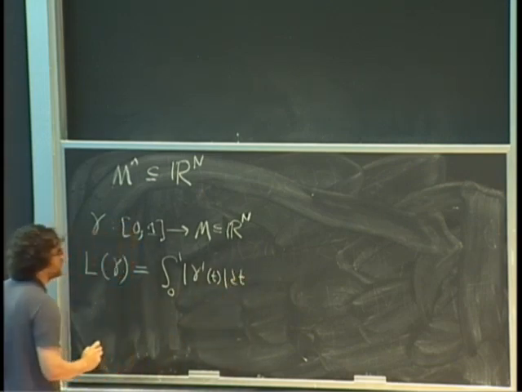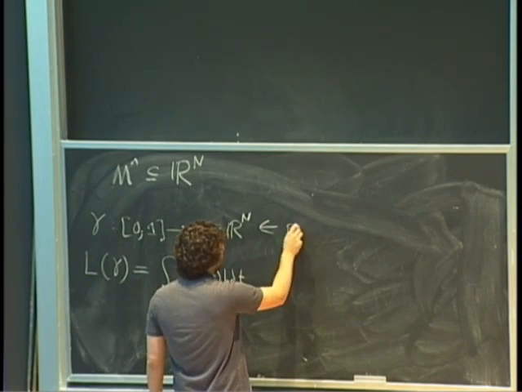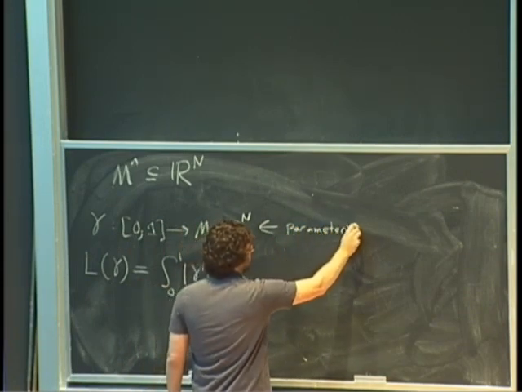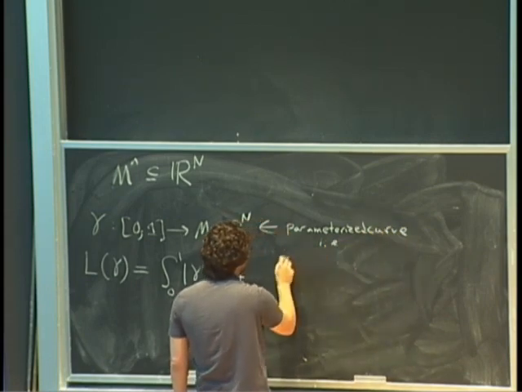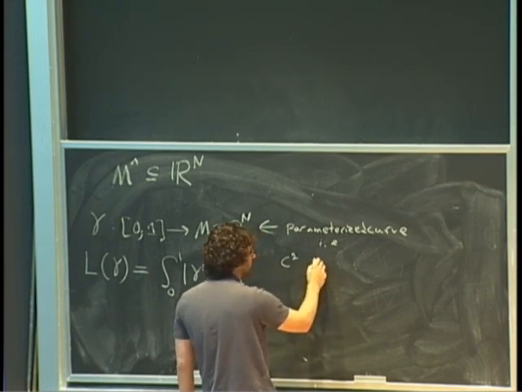And I want to be a little careful here. What I mean by curve is a parametrized curve, i.e., it's just going to be a C^1 or smooth map. That's not so important, but it's a C^1 map.